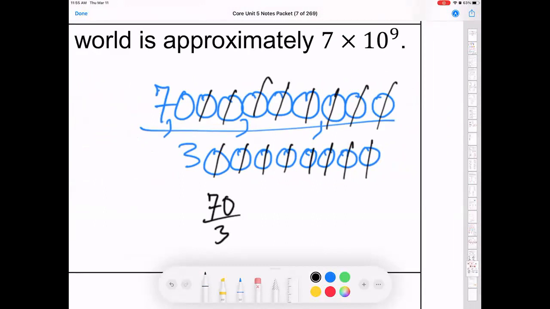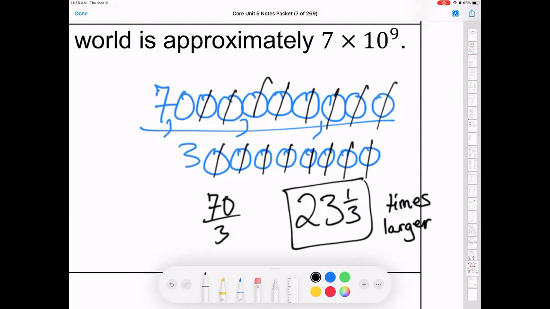So that's about 23 and a third, roughly. So 23 and 1/3 times bigger. So compared to the world, the US has some population, but there's a lot more out there. That's kind of crazy to think about.